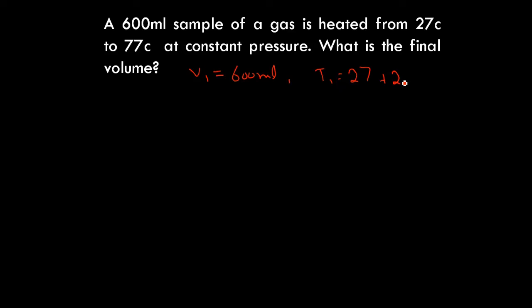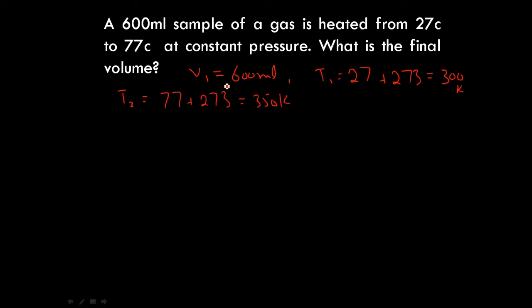For conversion to Kelvin just add 273, and it will be 300 Kelvin. And T2 is 77 plus 273, 350 Kelvin.